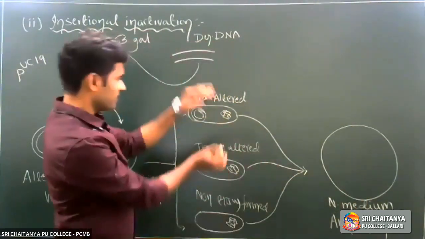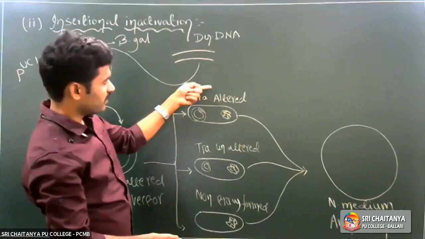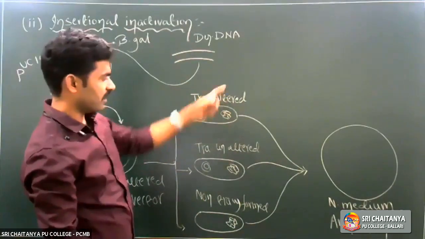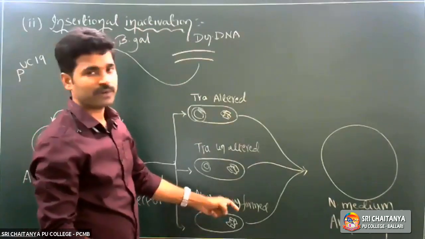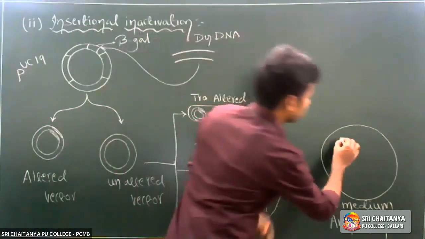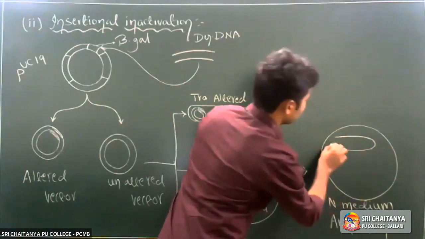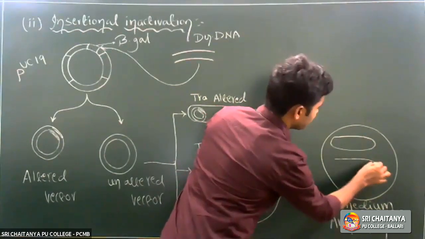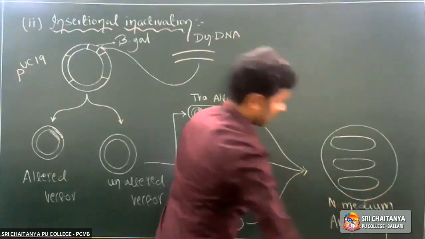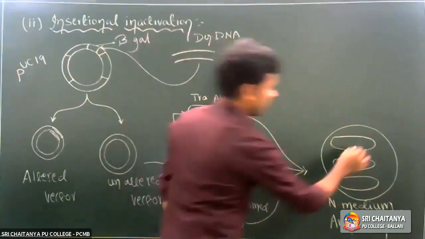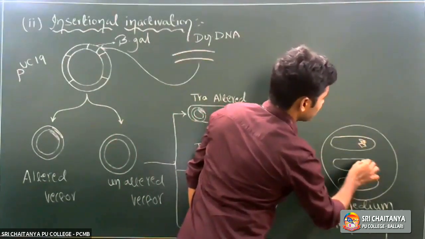Okay, right? So these three types of bacterial cells, transformed cells with altered vector, transformed cells with unaltered vector, and non-transformed cells, are transferred to the nutrient medium which contains ampicillin, right? So what will happen in this Petri plate?